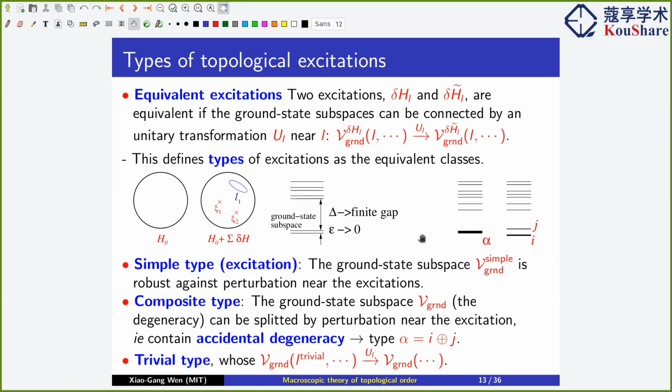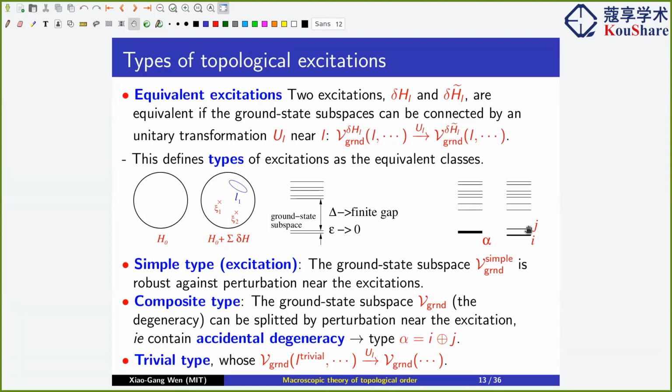So the degeneracy is given by those traps. Then we can ask the following question. Let's modify only one trap slightly. When you modify this trap slightly, the ground subspace may rotate into another ground subspace, so we may have a unitary transformation connecting two ground subspaces. But there's one more possibility: they may split, because we may have an accidental degeneracy.